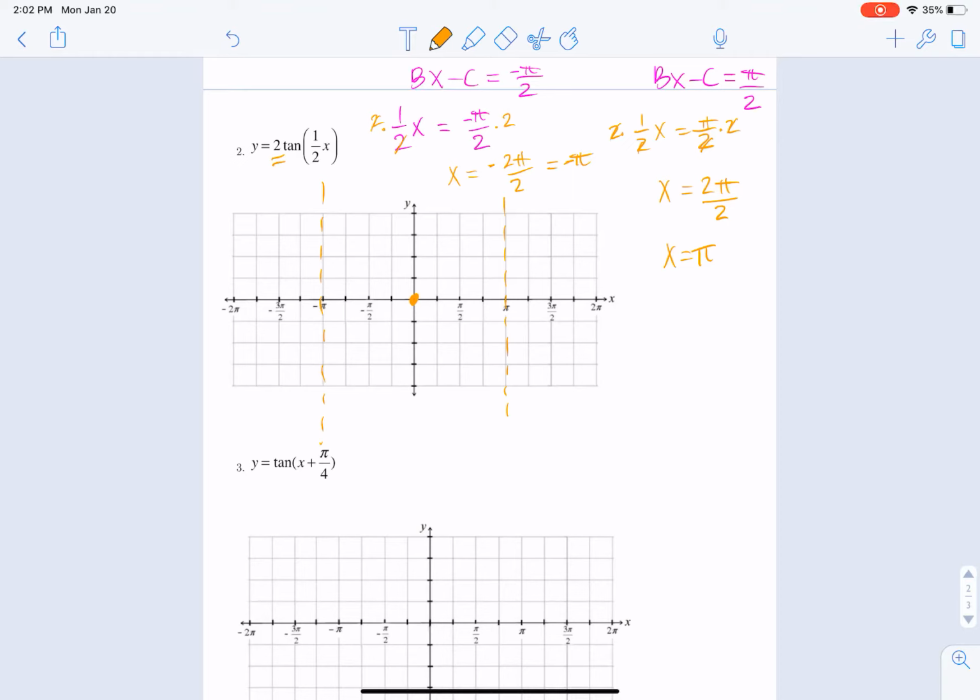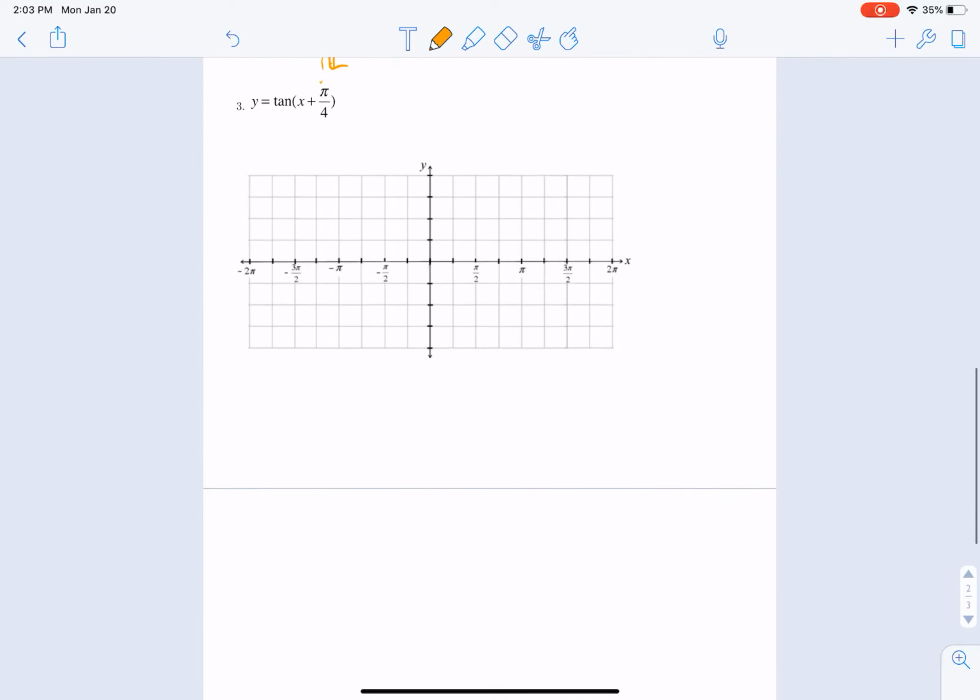I can see that my amplitude here is 2, so exactly halfway in between here, I'll be up at 2, and exactly in between, I'll be down at 2. And so then I can go ahead and sketch in what this function will look like. So from -pi to pi, I will have 1 full period of this tangent graph.